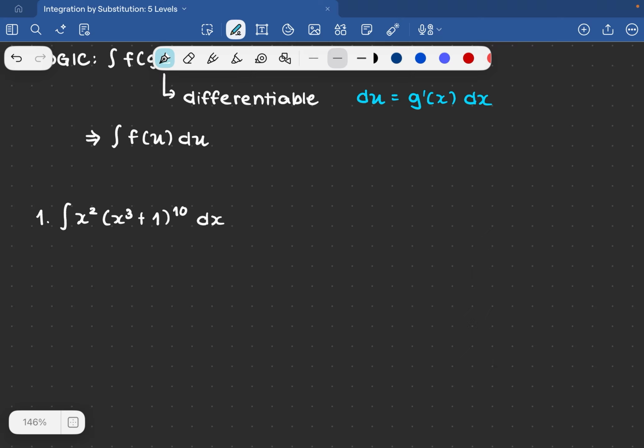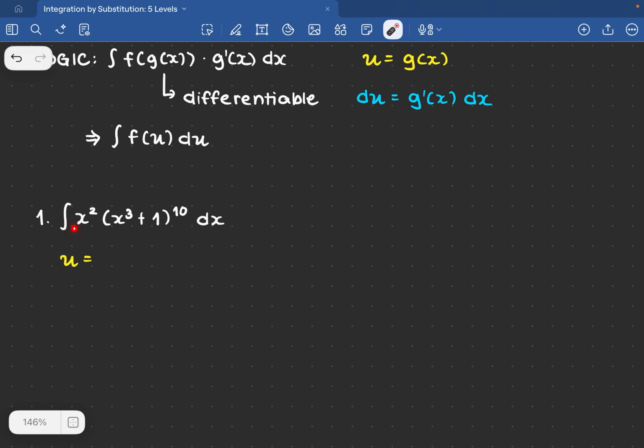To apply the u substitution, we first choose what we will decide upon to be u. The natural thing to do is just trial and error: choose, check what happens, and so on.